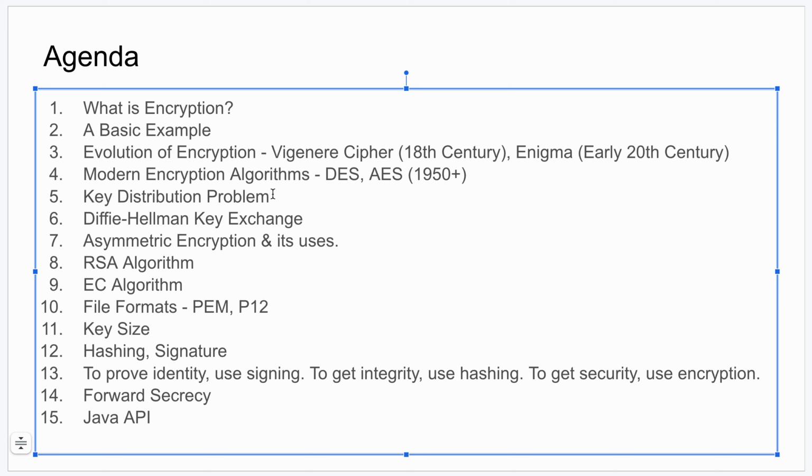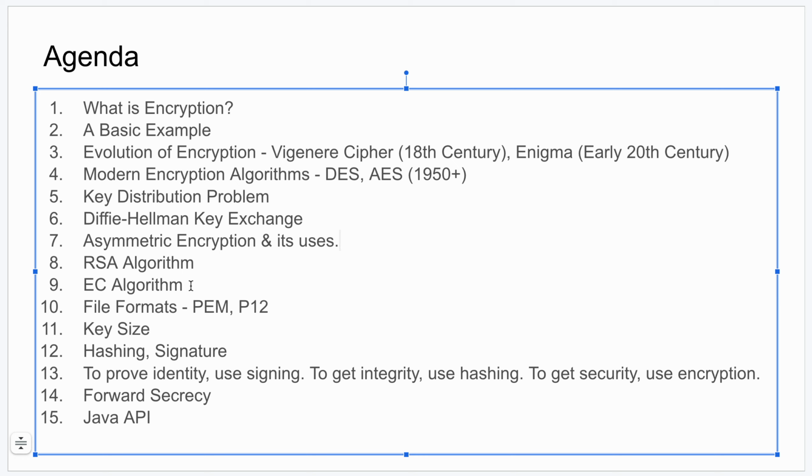There are two ways to solve this, one being the Diffie-Hellman key exchange method and the other one being the asymmetric encryption algorithms. And then we will look at the RSA algorithm, which is one example of an asymmetric encryption algorithm.